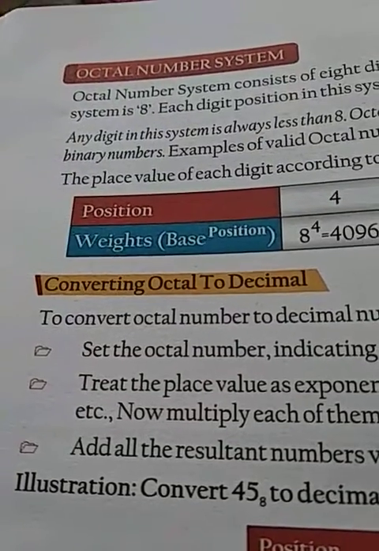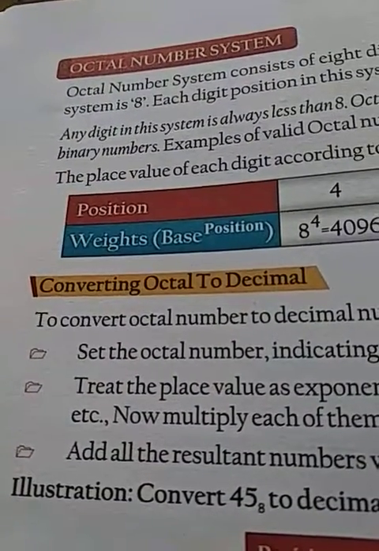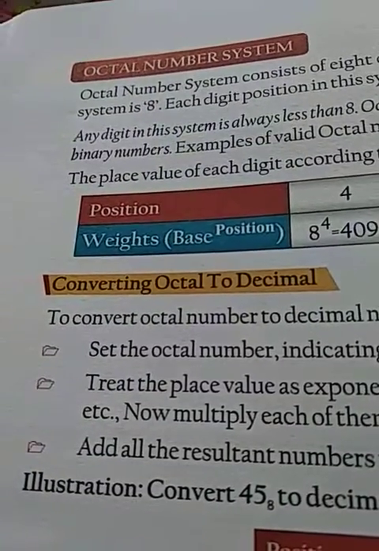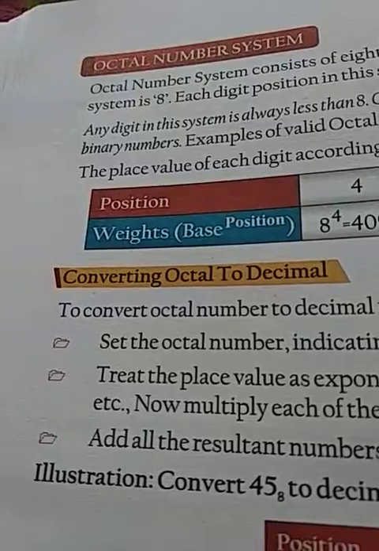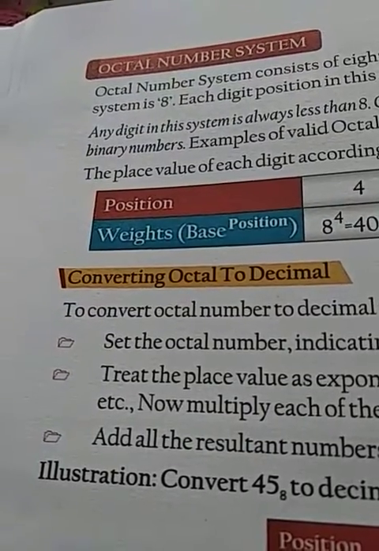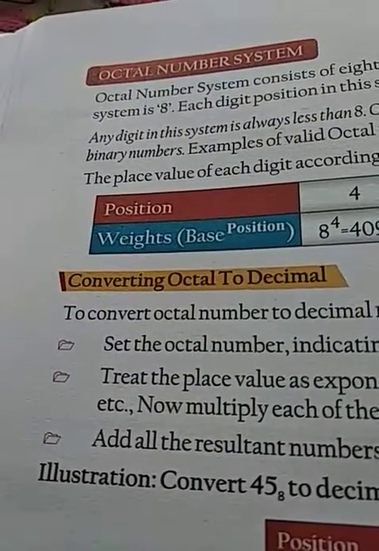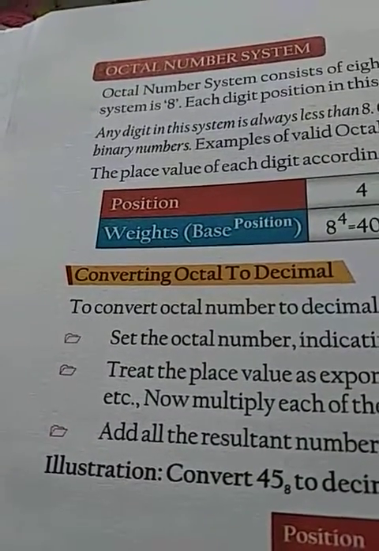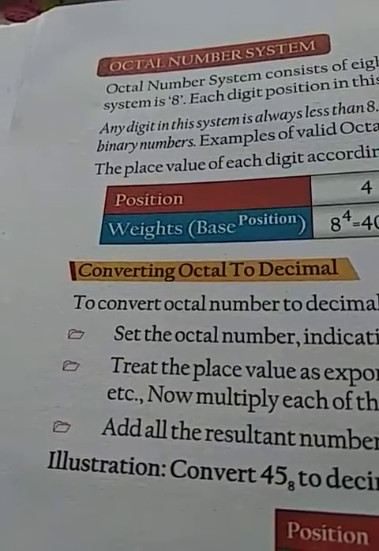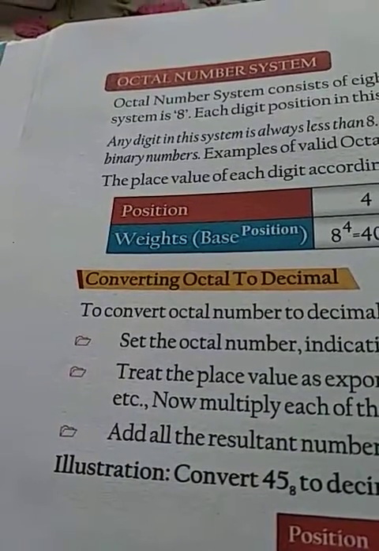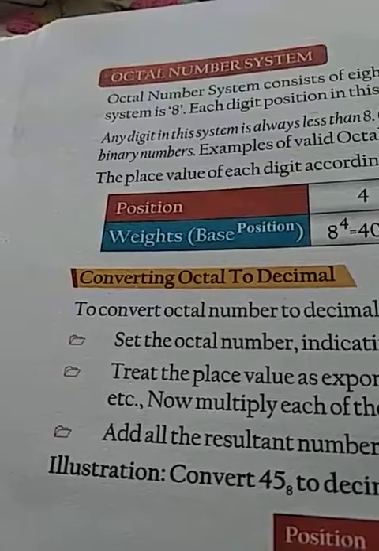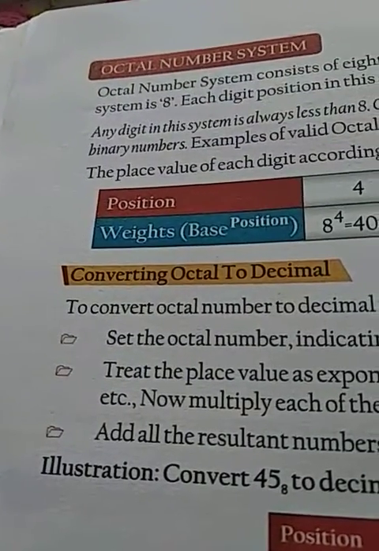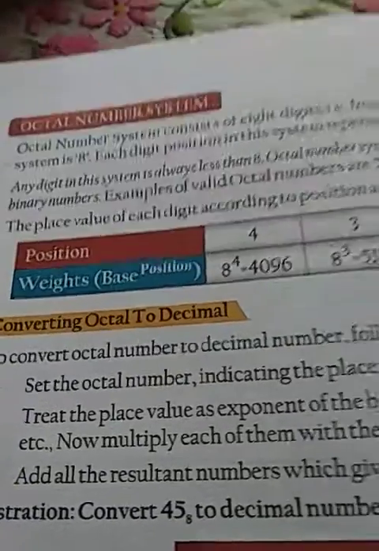As in the decimal number system, each digit is always less than 10, from 0 to 9. In the binary system, only 2 numbers were used, 0 and 1. But in the octal number system, each digit will consist of only 0 to 7 and will always be less than 8.